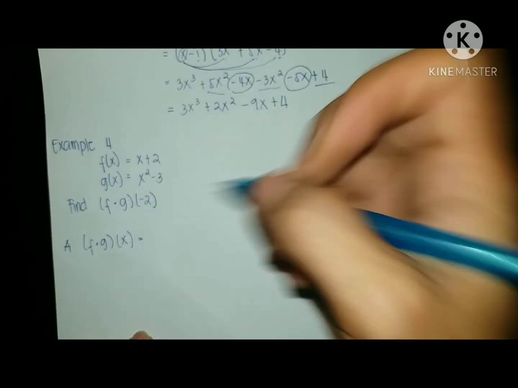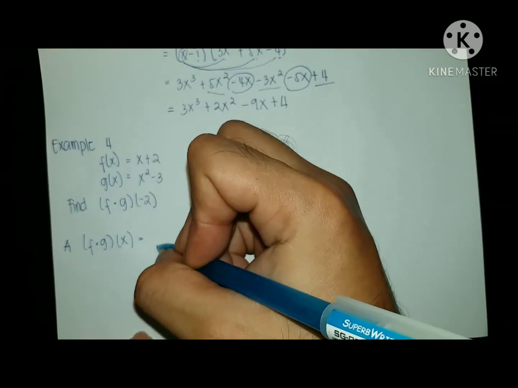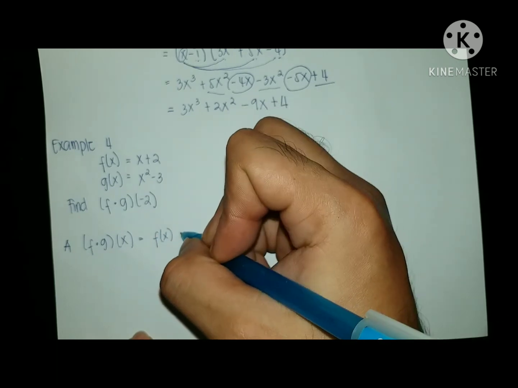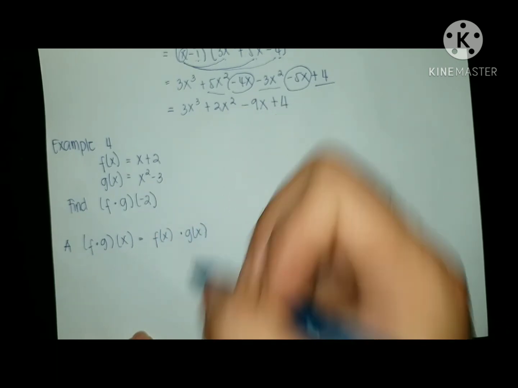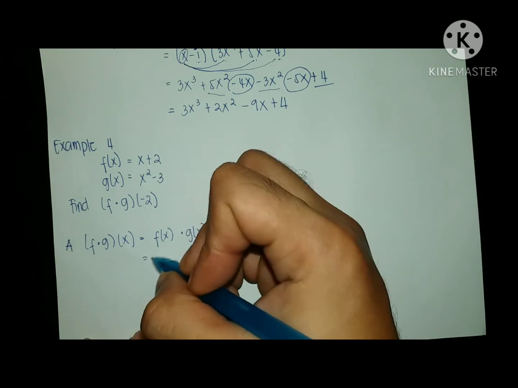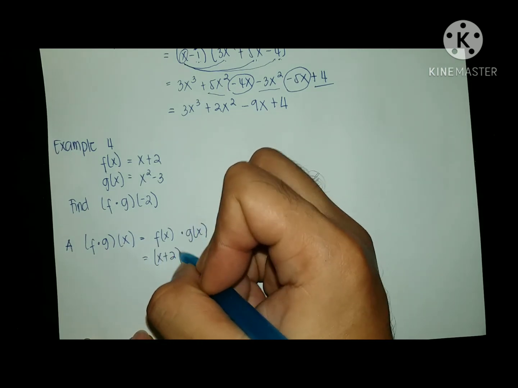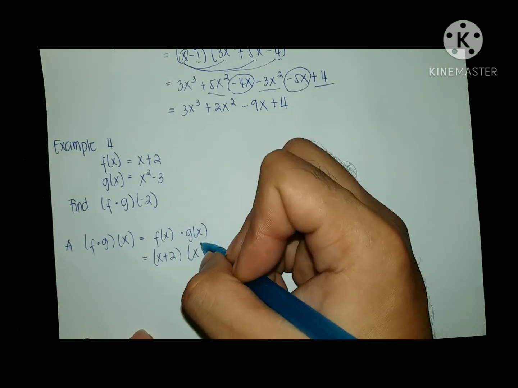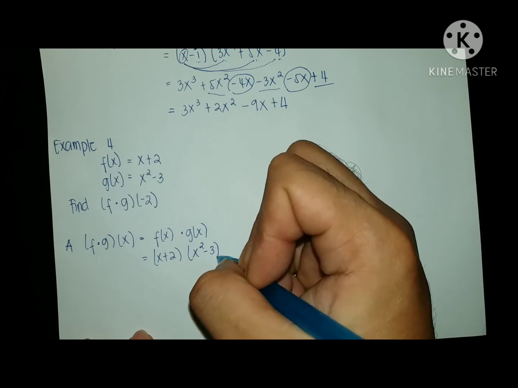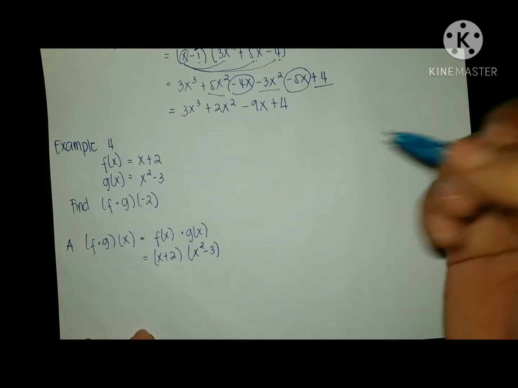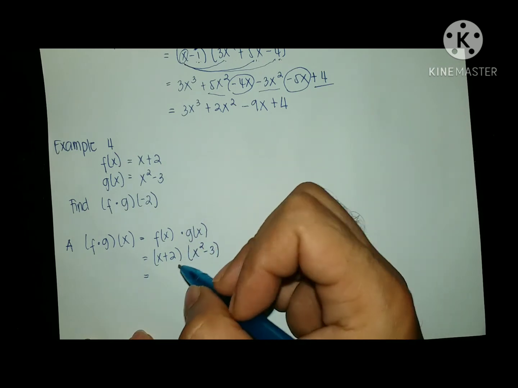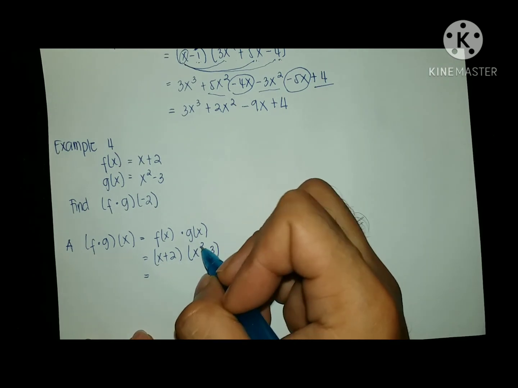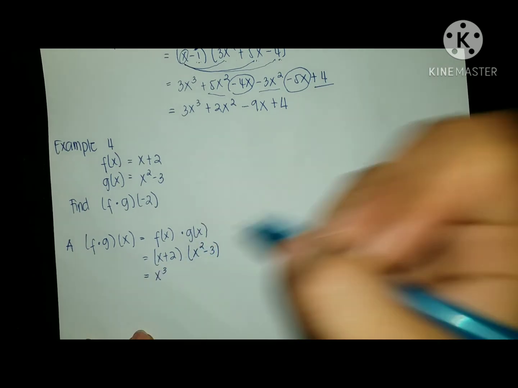So let us first find f times g of x. So that is, our f of x times g of x. For f of x, we have x plus 2 times g of x, which is x squared minus 3. So this is a FOIL method. So first terms, x times x squared, that is x cubed.